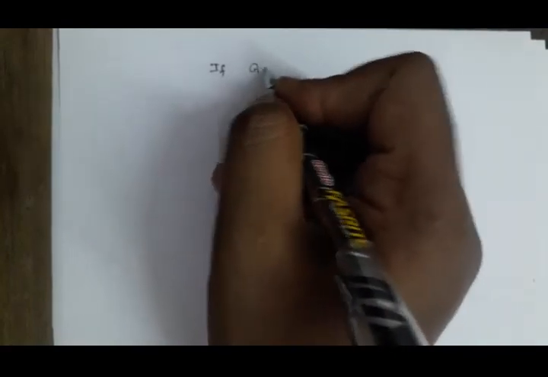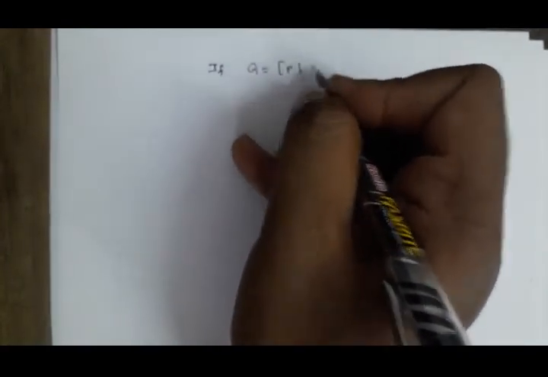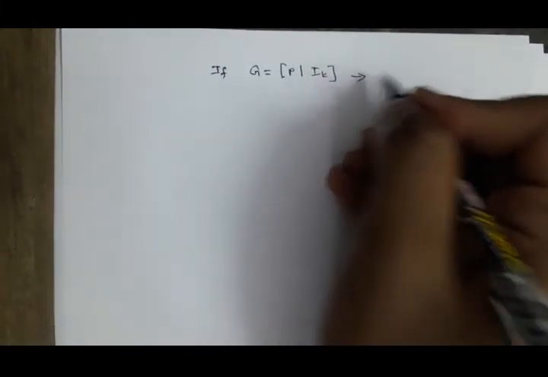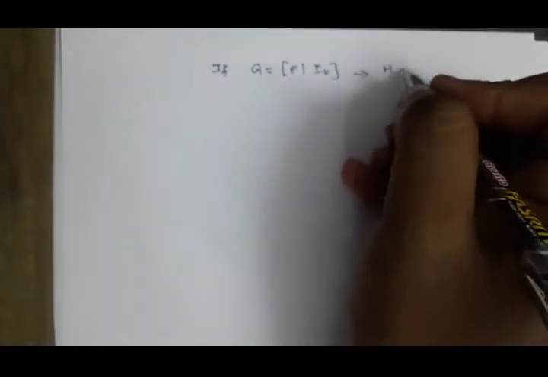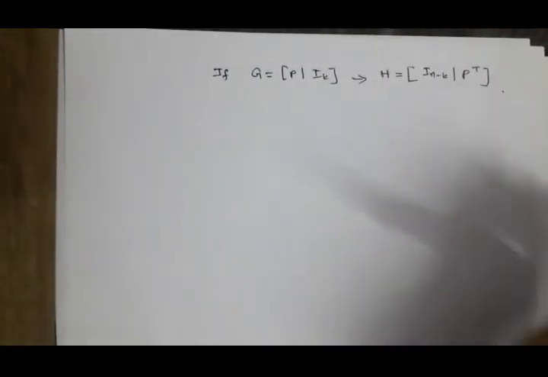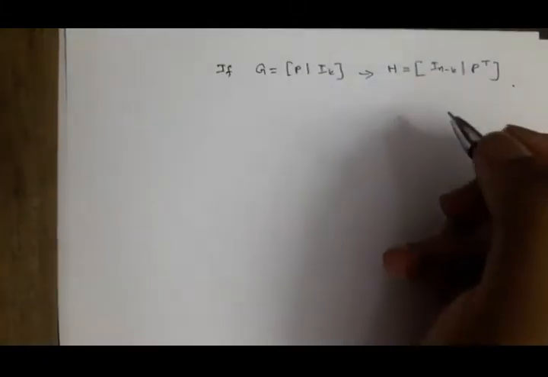If the generator matrix is the combination of parity and identity matrix, then the parity check matrix is the combination of the identity matrix and the transpose of the parity matrix.